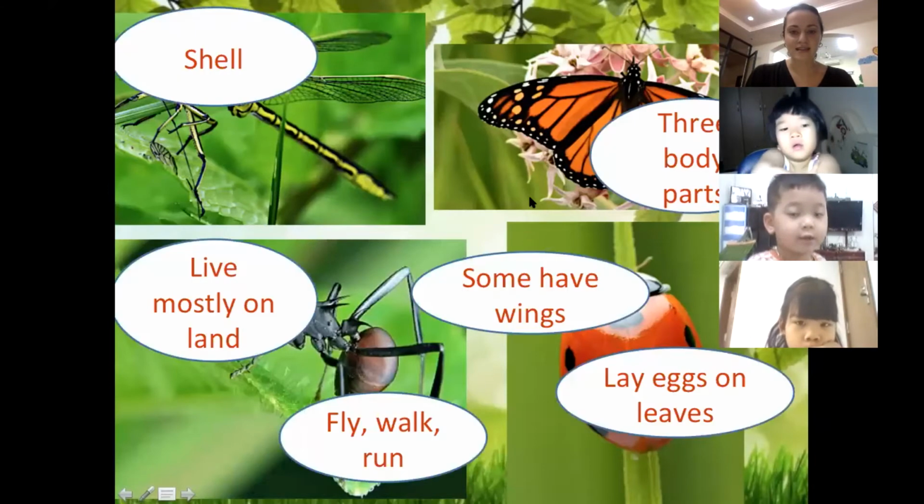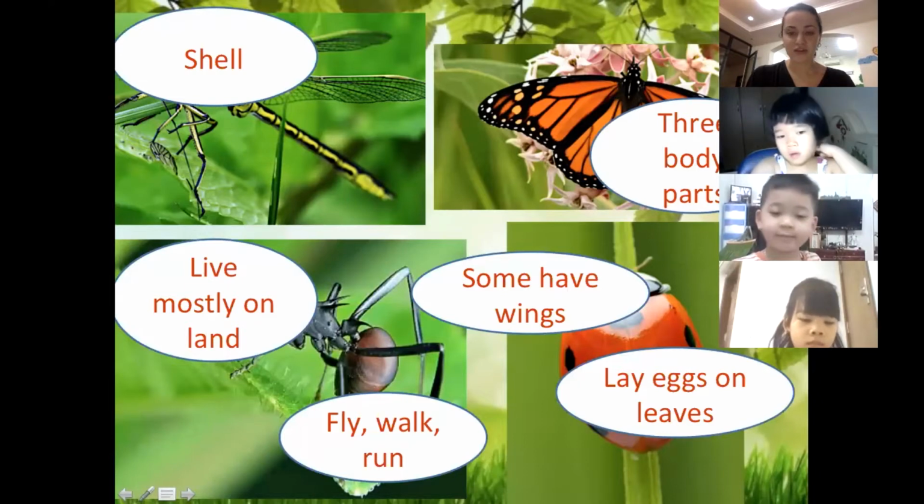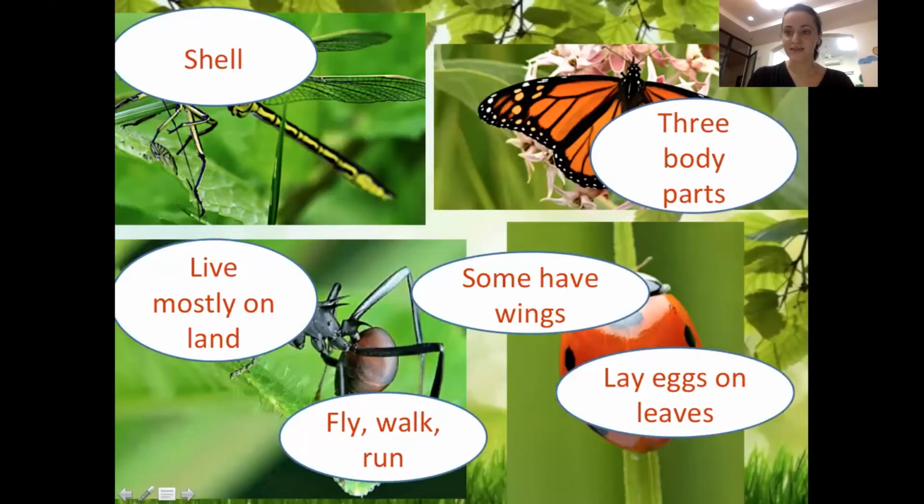All right. Who can read 2 or 3 of these for me? Taylor. Shell, 3 body parts. Live mostly on land. Some have wings. Fly, walk, run, lay eggs on leaves.